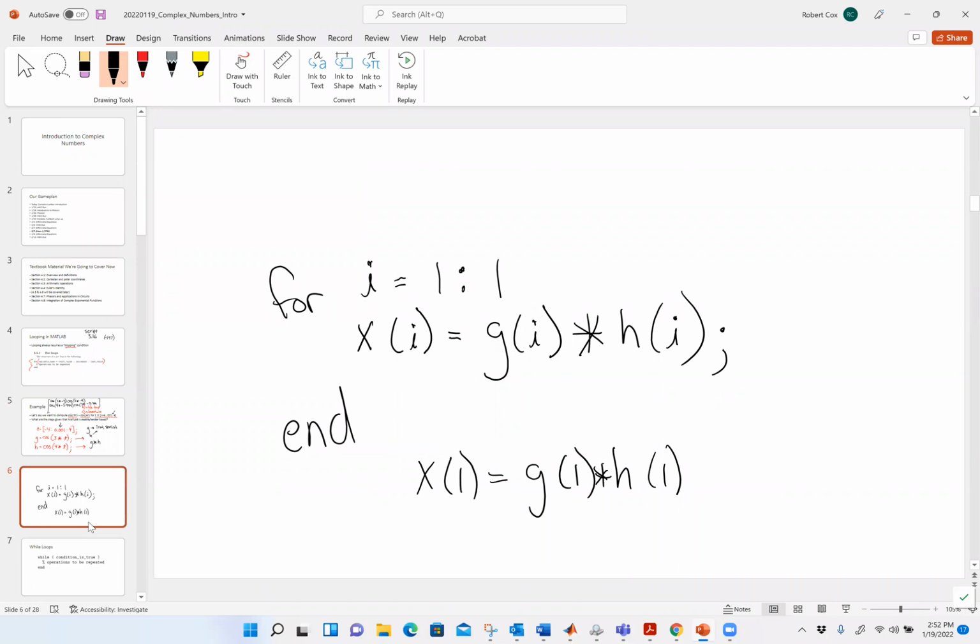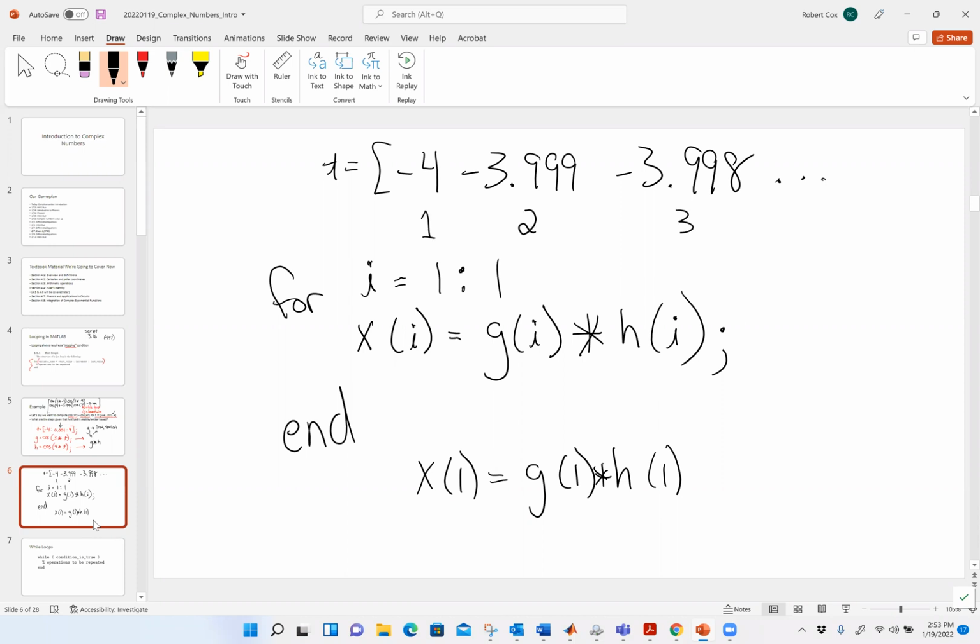You guys follow that? My increment value in the time vector is 0.001, but that means if I looked at t, it would be -4, -3.999, -3.998, like that, so on and so forth, where this would correspond to I equal to 1, 2, 3, like that. You guys follow that?